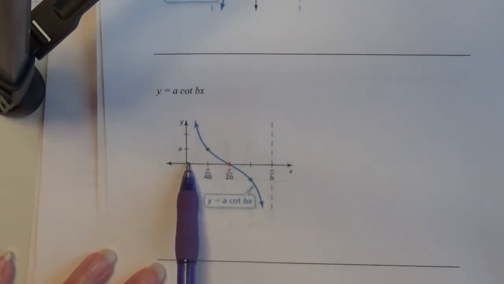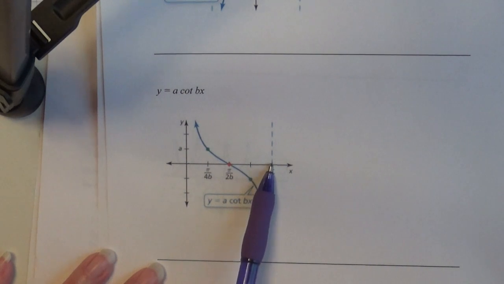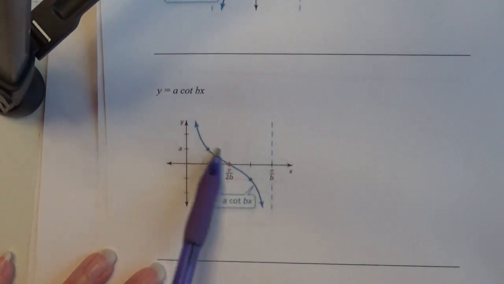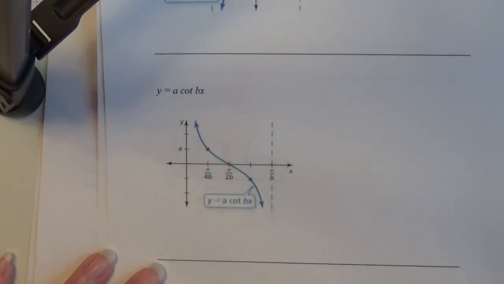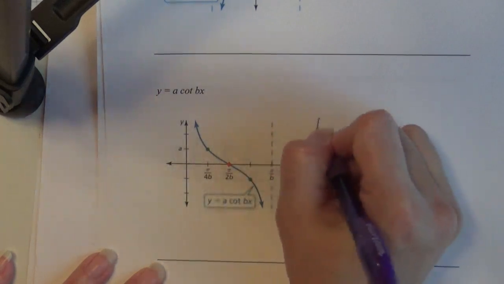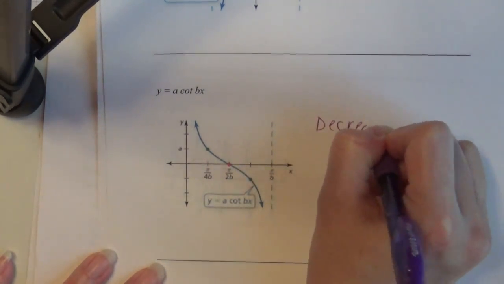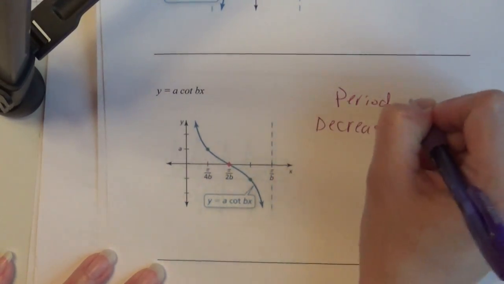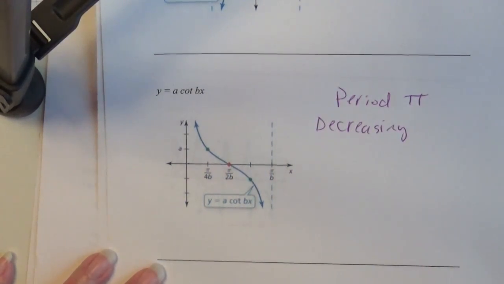We're going to look at it from 0 to pi, and it also has period pi. So from 0 to pi is a complete cycle. This one is decreasing. But it does have period pi, just like tangent did. It's just that your vertical asymptotes are in a different place.